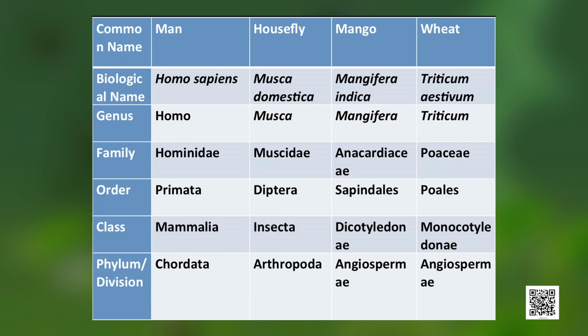Moving to the next example taken from the plants, mango is the common name. Biological name of the mango is Mangifera indica. It belongs to the genus Mangifera, family Anacardiaceae, order is Sapindales. It belongs to the class Dicotyledonae, phylum Angiospermae.